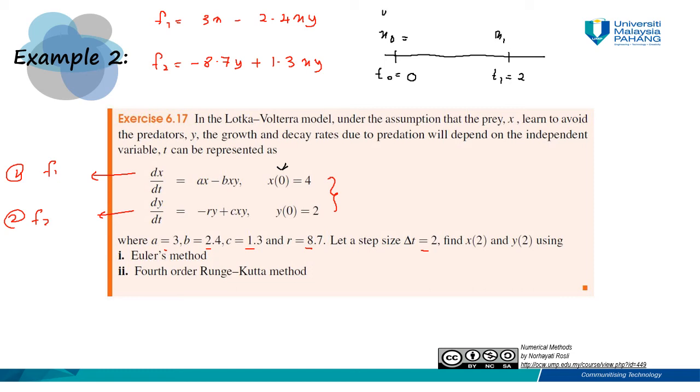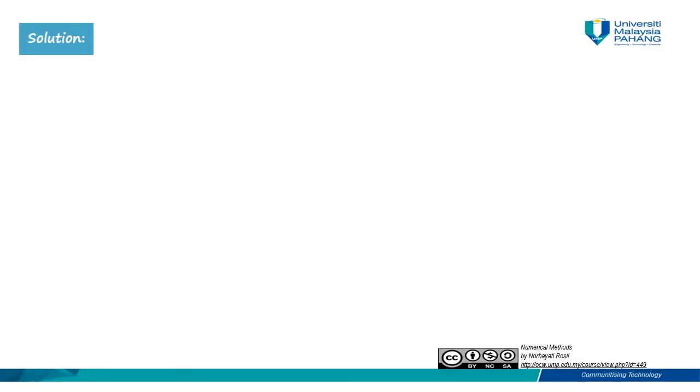You just need to find y1 only. So x0 is equal to 4 and y0 is equal to 2. We are going to find x1 and y1. Let's start with the calculation. Here is the formula for Euler for a system.